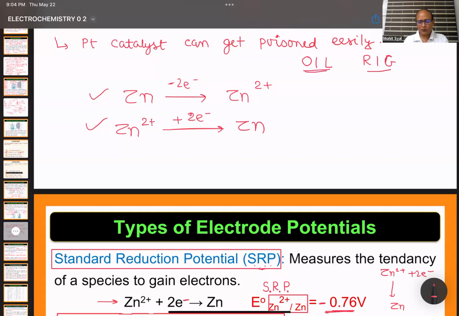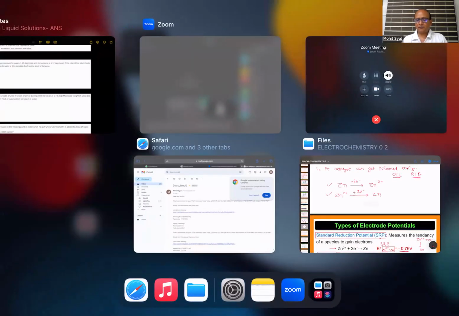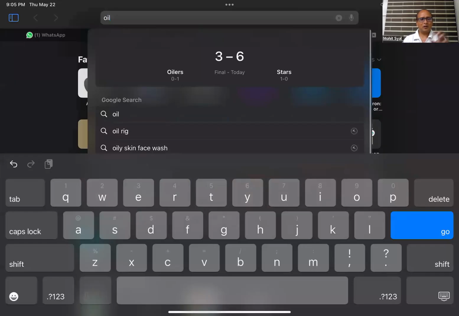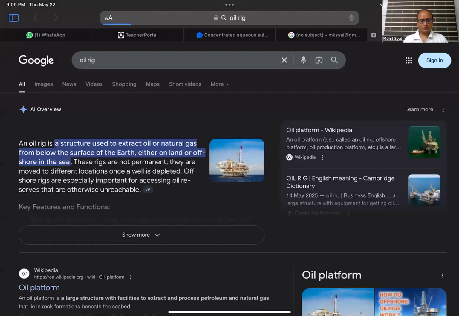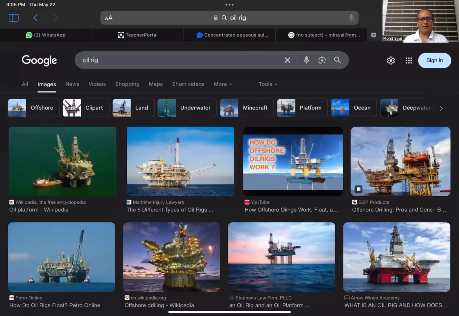It means oxidation is loss of electrons and reduction is gain of electrons. Oil rig is basically the platforms you have in the sea to extract oil from, for drilling of crude oil.